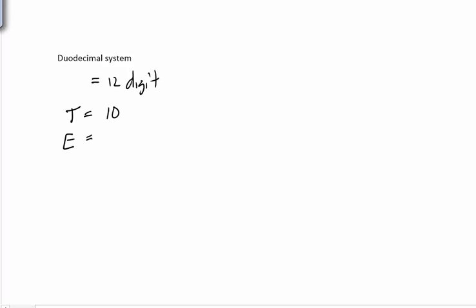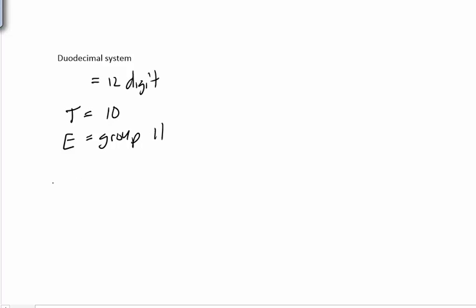Okay, the last new numeration system we're going to look at is called the duodecimal system. This refers to a 12-digit system. Okay, and in the 12 digits, we're going to use T to represent 10, and we're going to use E to represent 11, and then all the other digits are what we see.